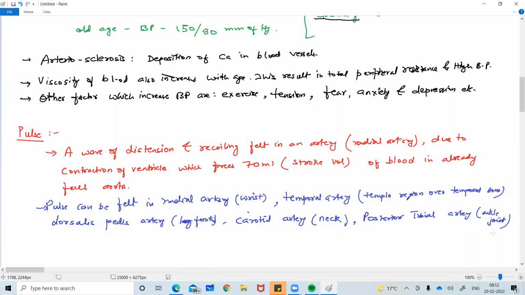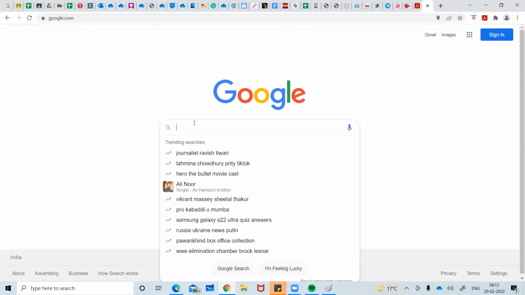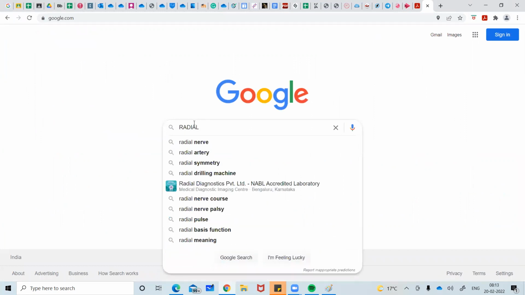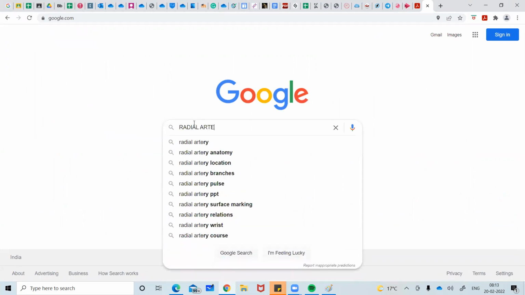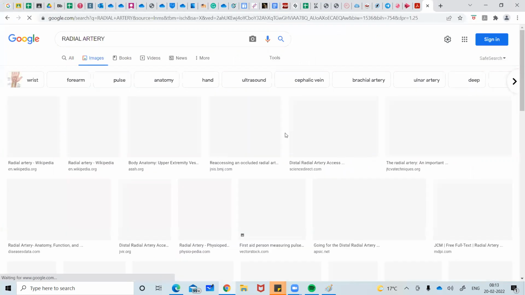So these are all places. You want to see where exactly they all are? Wait, let me show you. Because when you are going in medicine, you must know these locations. Let me show you radial artery location.